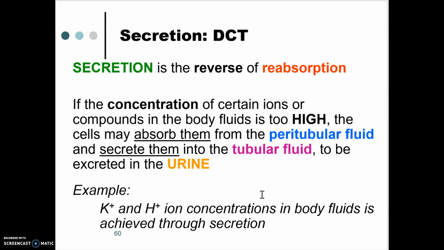So if you're taking a multivitamin with a high vitamin B content, there's a good chance your urine is going to be a really bright yellow color, because that's sometimes what vitamin B in the urine looks like. So this idea of secretion is the main function of the distal convoluted tubule, and remember, it's the opposite of reabsorption.